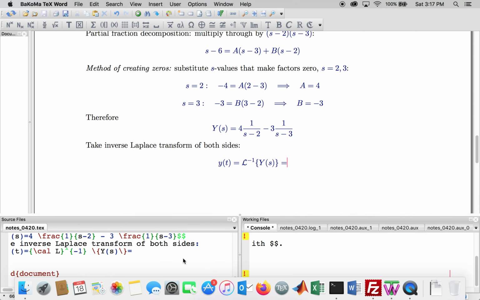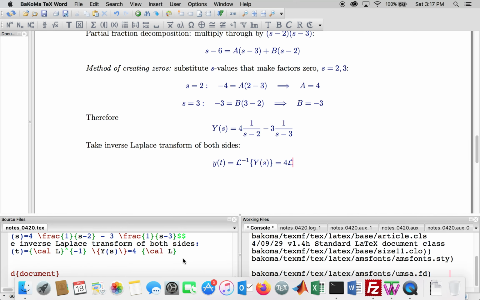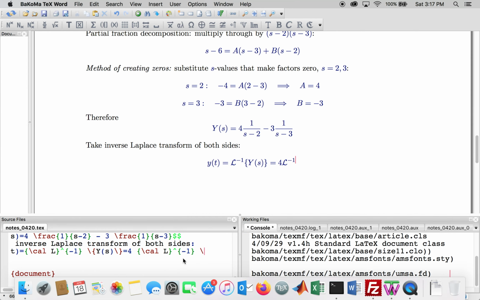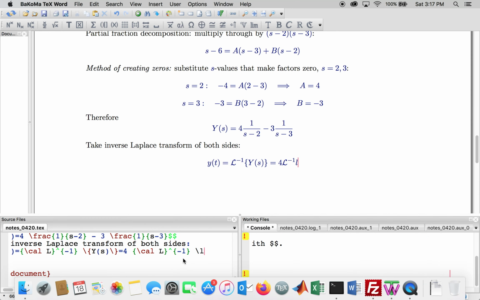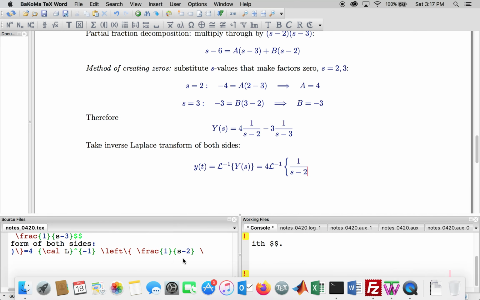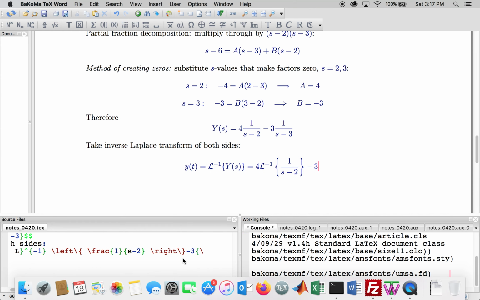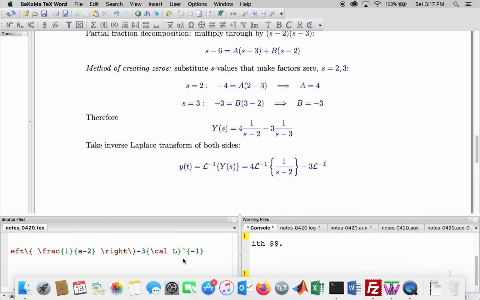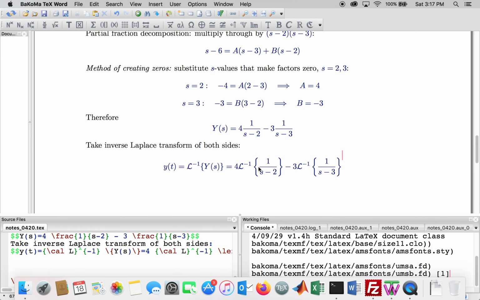So you get 4 times the inverse transform of 1 over s minus 2, minus 3 times the inverse transform of 1 over s minus 3. Okay. Now, once we know how to work out these inverse transforms, we'll be done.